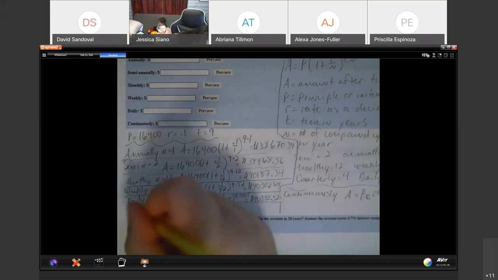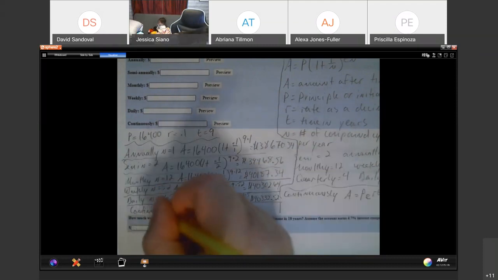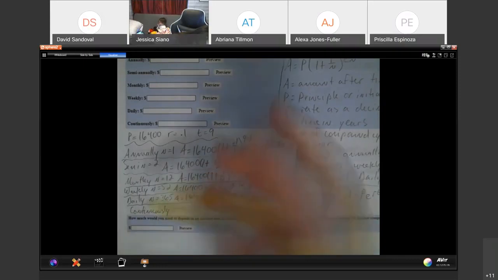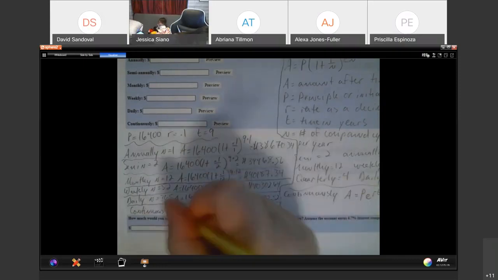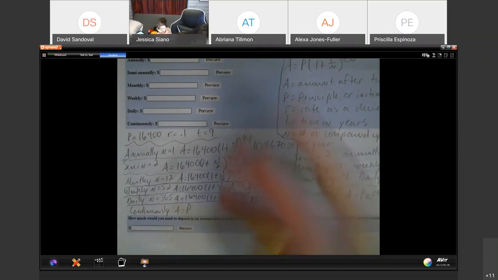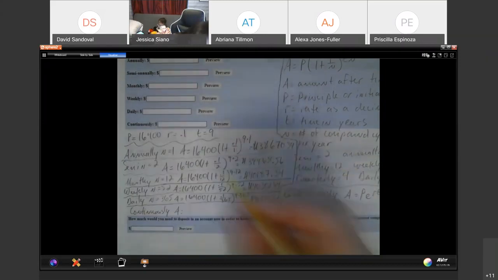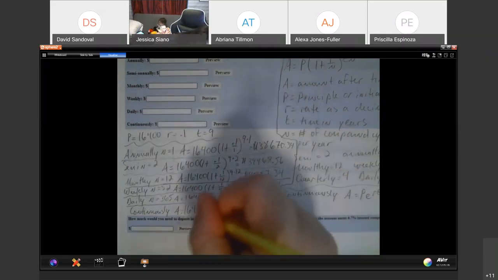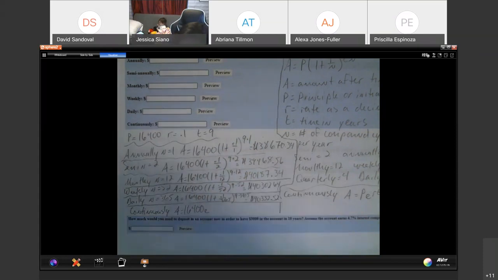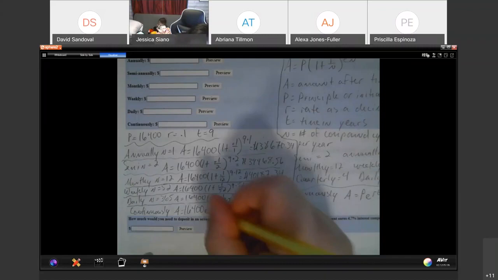And then continuously would be A equals P, 16,400, e to the 0.1 times 9.